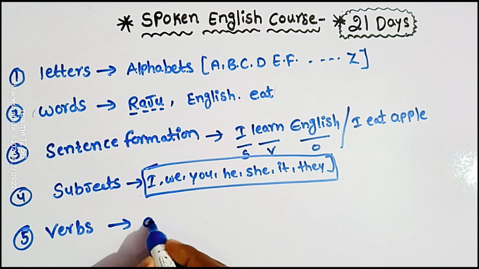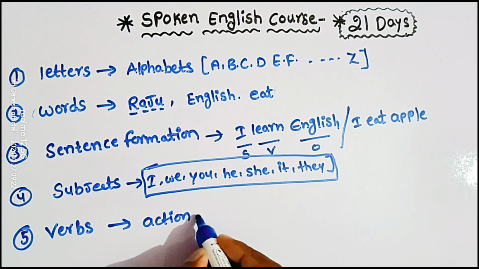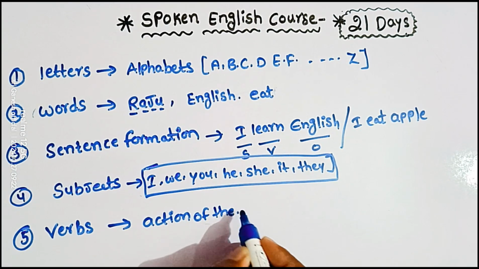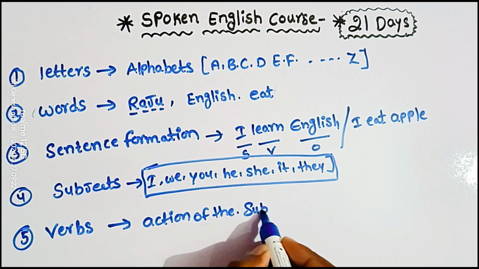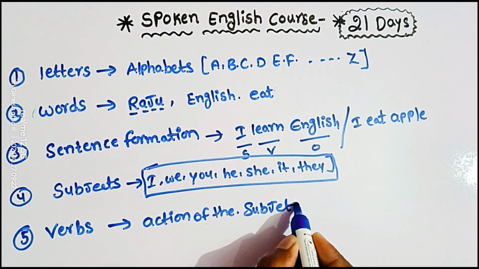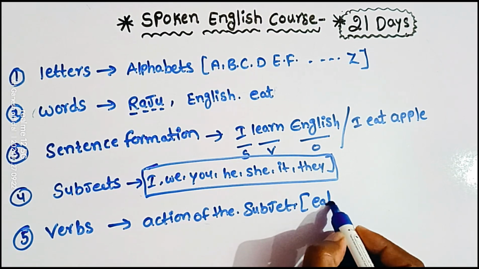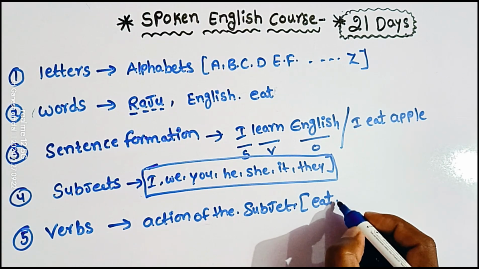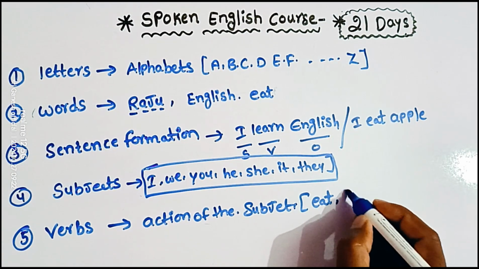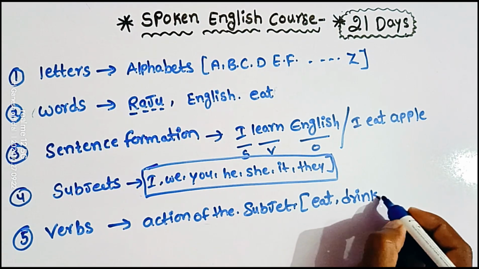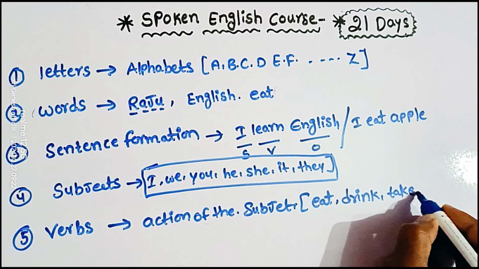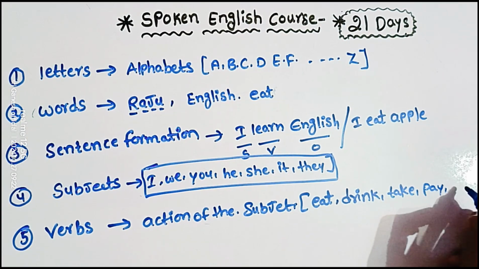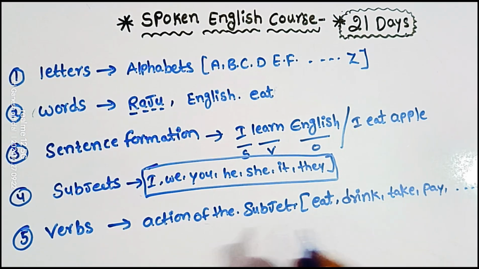On the fifth day we discuss verbs. Verbs are the action of the subject, like eat. Eat means eating biryani, eating apple; eat, drink, take, pay, like, etc. These are the verbs.